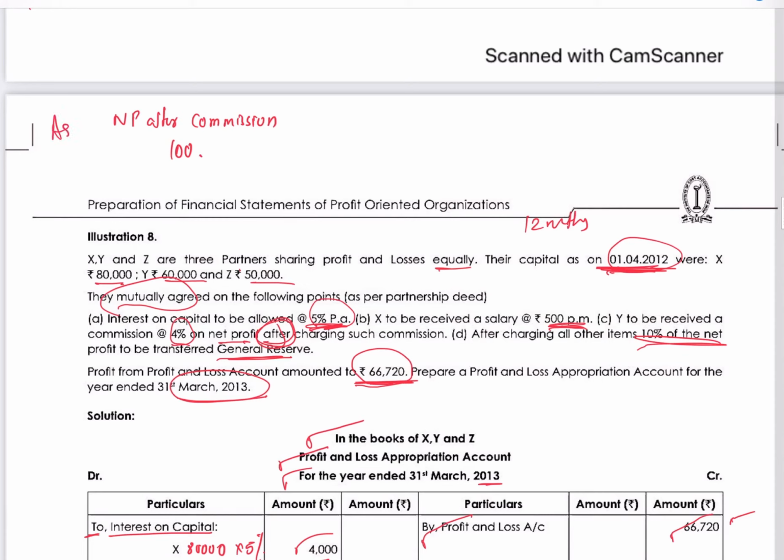Assume net profit after commission is rupees 100. On that 4% we have to apply, so that will be his commission. It will be 4, right? 4% on 100 is 4 rupees. So before commission, the net profit should be 100 plus 4, 104.